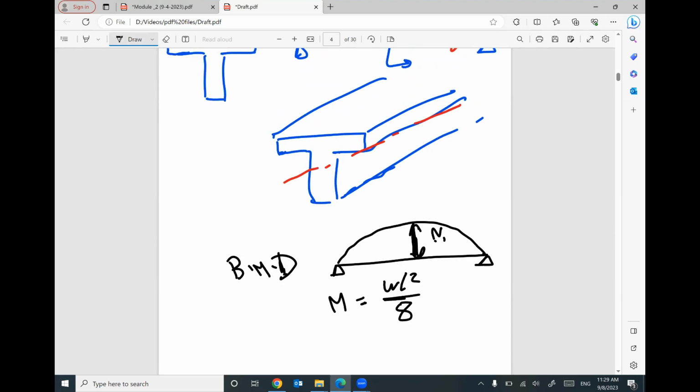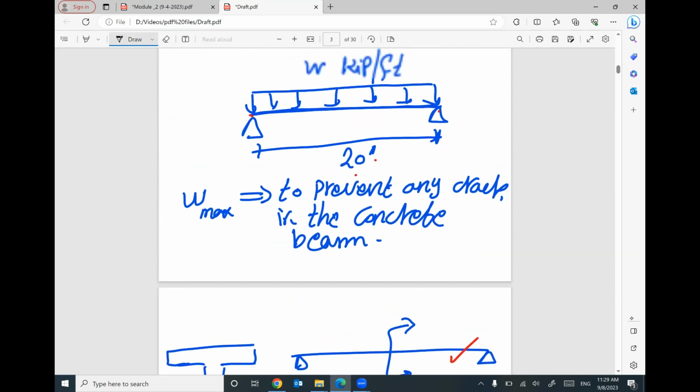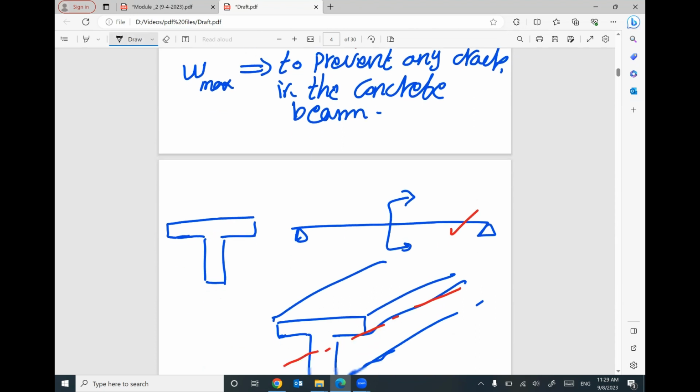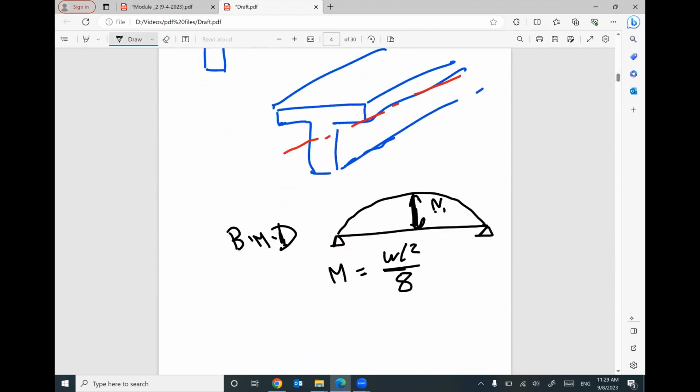If you have more uniform distributed load on this beam, you will have more moment. More W, more moment. But we are looking for the highest value for W before cracking, before the tension exceeds the tensile strength of concrete. So if you put your M as your M crack, I can tell you the maximum value of W. Does that make sense?